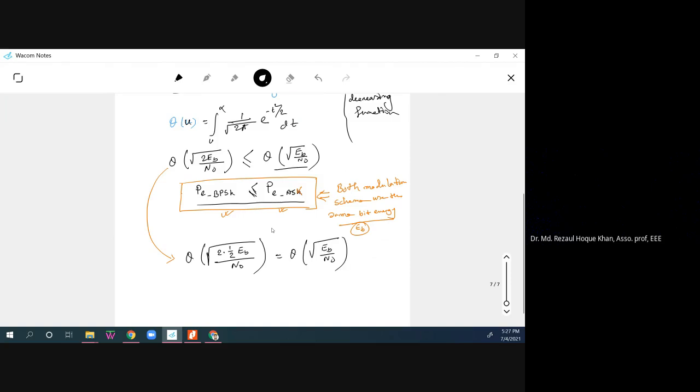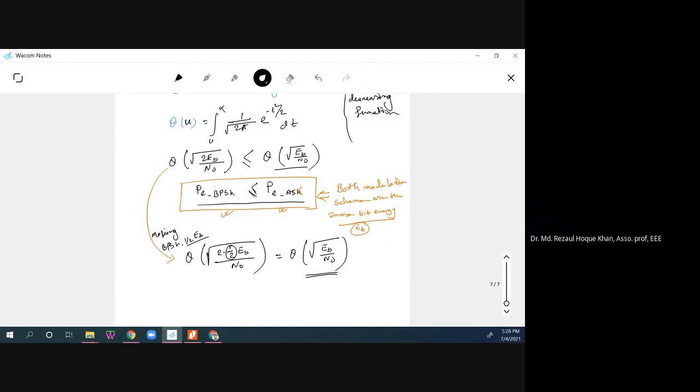What I'm trying to do is rewrite the BPSK expression to make it half the bit energy, half EB. Then I will end up with the ASK.